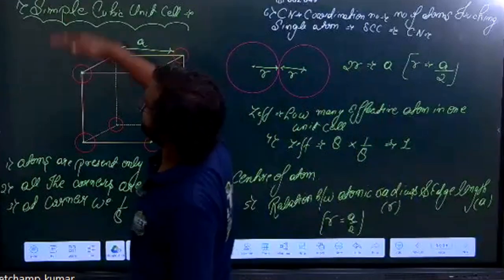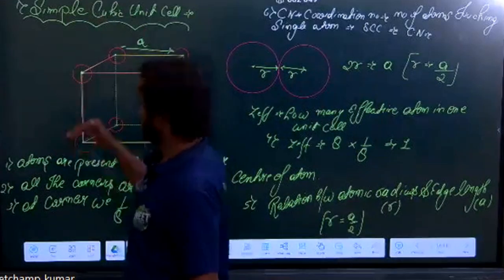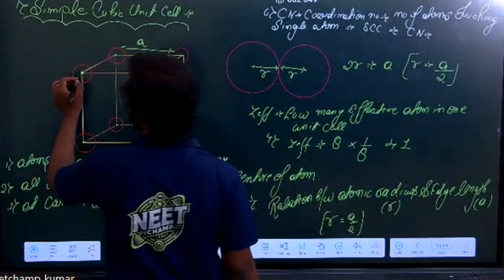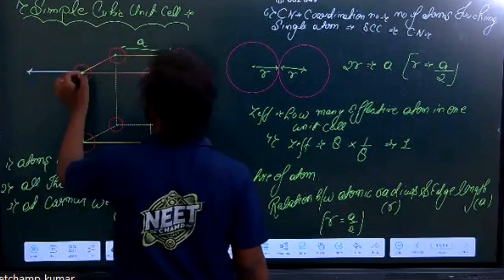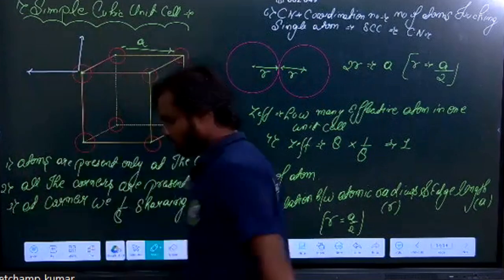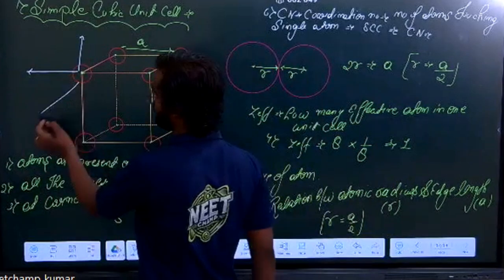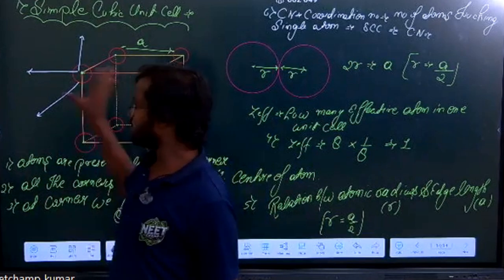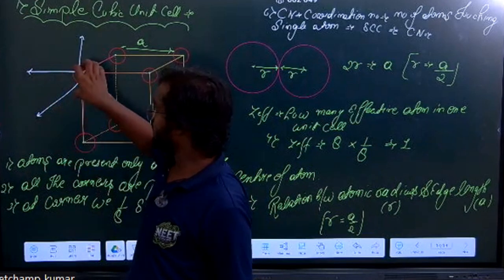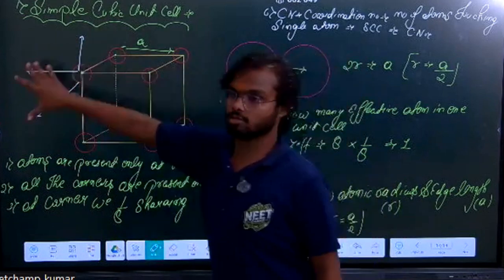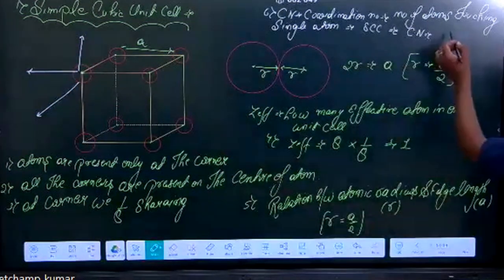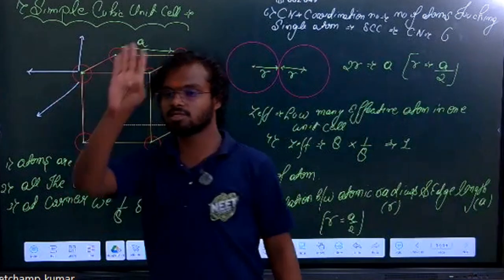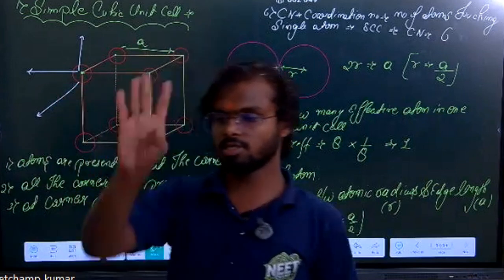So this atom is touching three other atoms outside also. So the total coordination number for simple cubic unit cell is 6, because one atom is touching 6 different atoms.